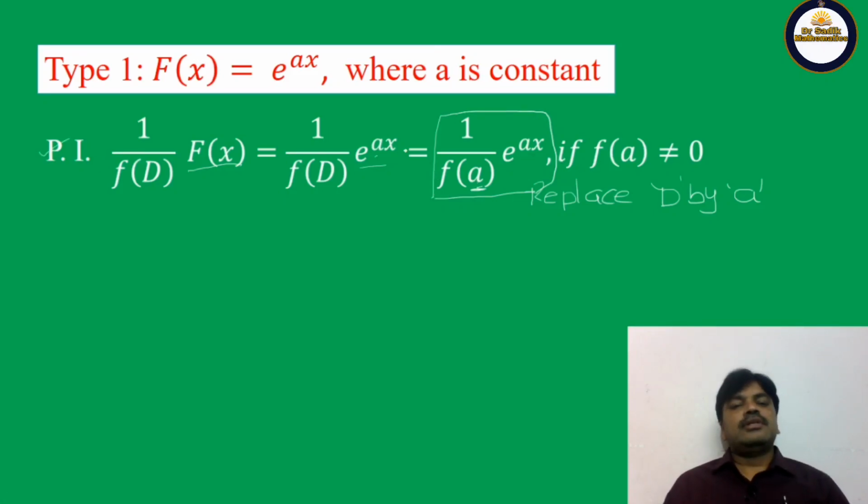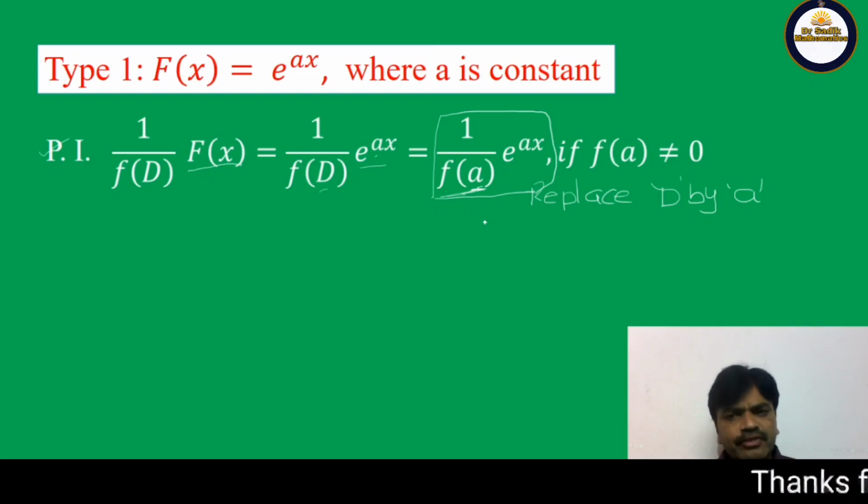Once again, for 1 by f(D) e^(ax), simply replace D by a. Then we get the particular integral, provided f(a) is not equal to 0.